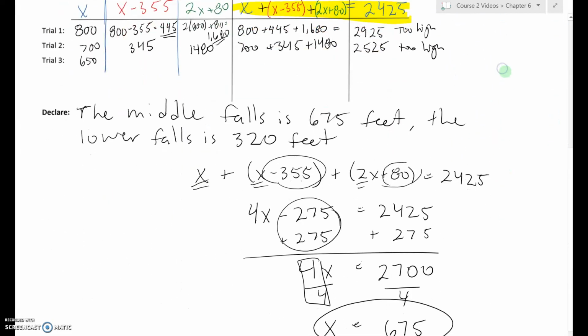So I guess then the upper one too. The upper is 80 more than double this. So let's take the middle falls, double it, and then add 80 to it. So the upper falls is 1,430 feet. All right, there you go.